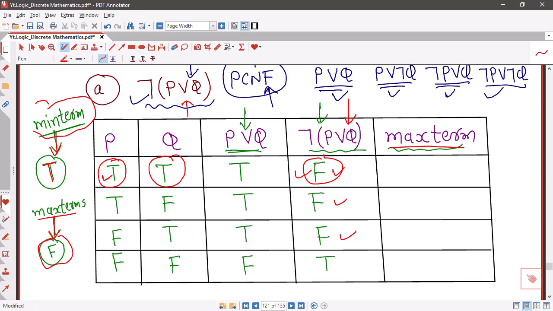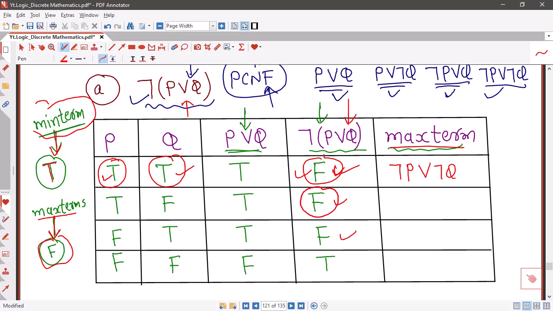So here P is true, therefore I will write negation P, and in max terms we are using the OR operator. Here Q is also true, therefore I will write negation of Q. I will write the variable as it is if it has truth value false, and if it has truth value true, then I will write its negation. So this is the max term corresponding to this first truth value F.